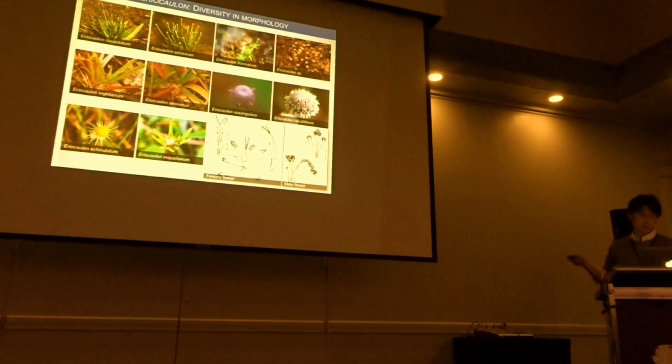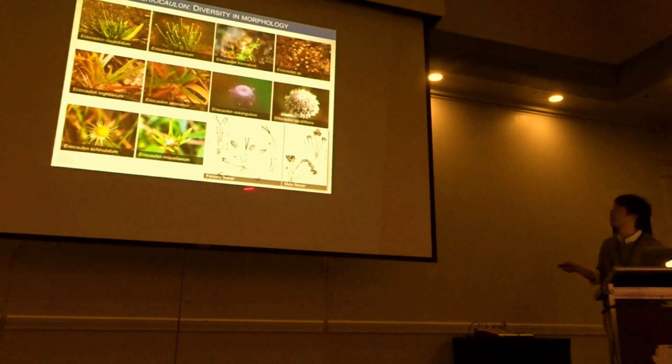But in the case of the other, what you can see here is the enlarged involucral bract, the outer layer of the inflorescence, and the flower head itself is here. So that's the difference.